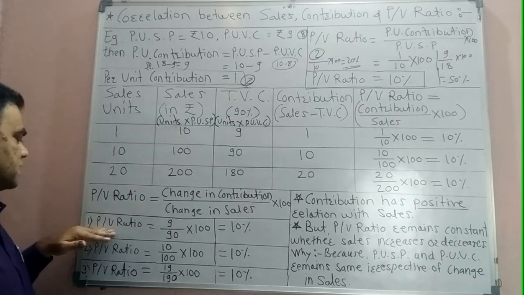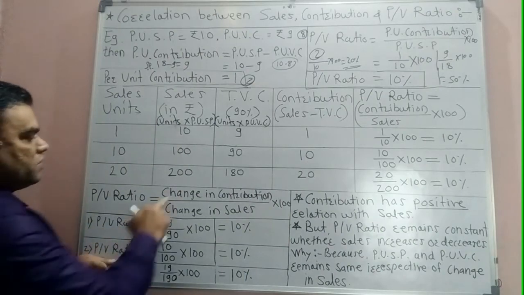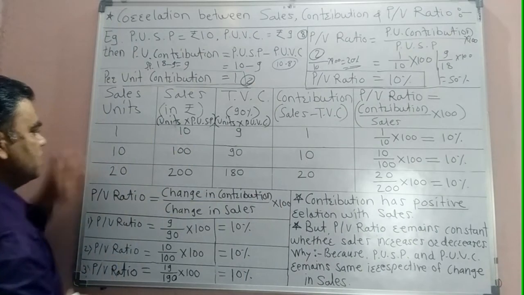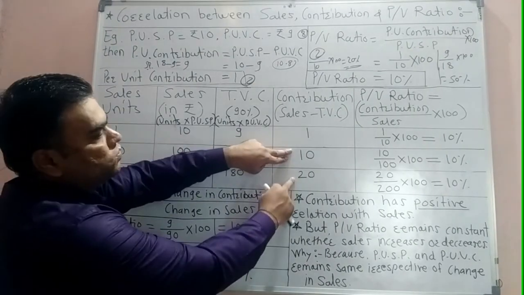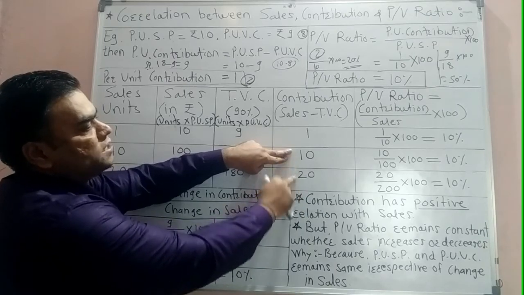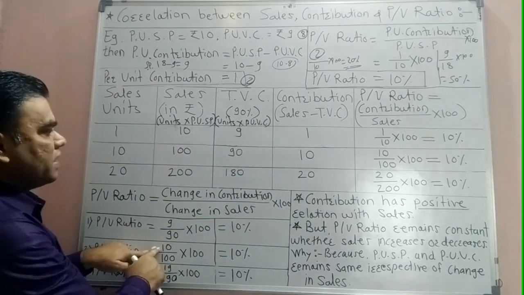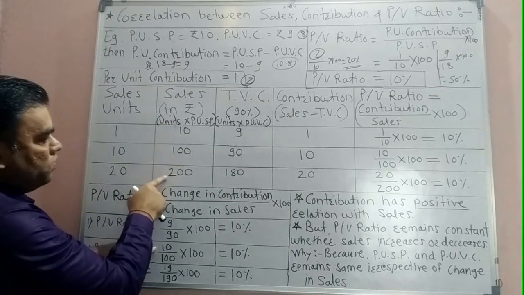So as we discuss PV ratio, now we are considering second change. PV ratio is equal to change in contribution upon change in sales. Now second change, contribution was 10, it was increased to 20. So contribution changed by 10, increased by 10. That's why we have taken 10. Sales increased from 100 to 200.